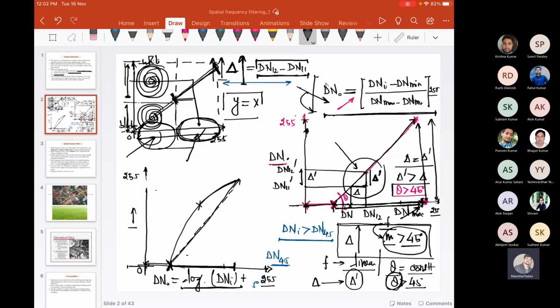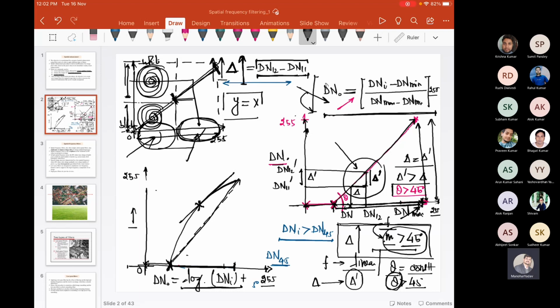So in this case, this is the transition point. See the transition point, m is equal to 45 we select. M is equal to 45, image is not enhanced.